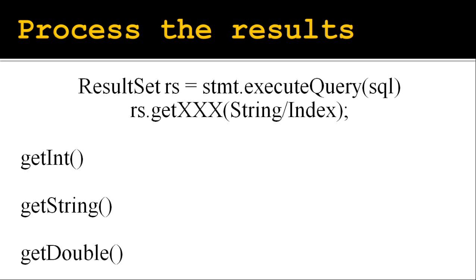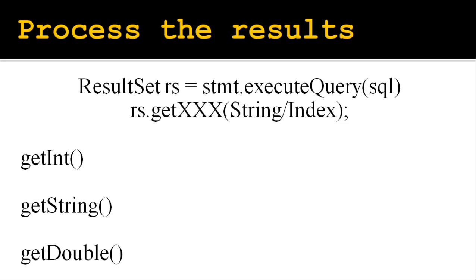For that purpose, you can use different methods depending upon the type of data stored in our table. If you are going to access integer type data, you can use the getInt method, for varchar it is getString, and for fractional values getDouble. For all these methods, we pass either a string or an index as a parameter.